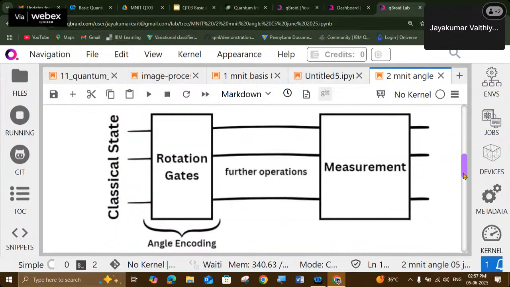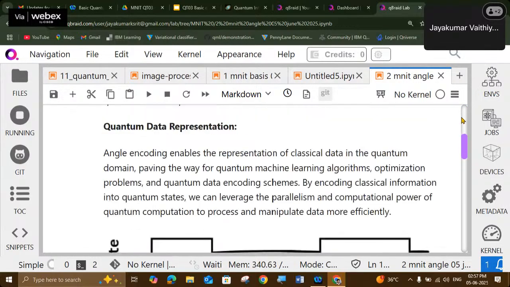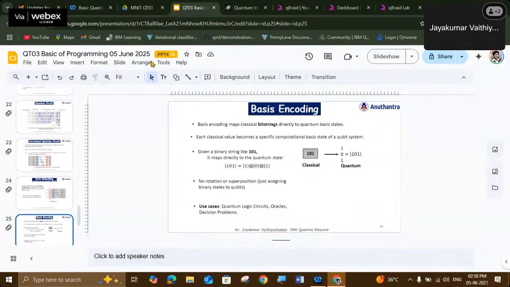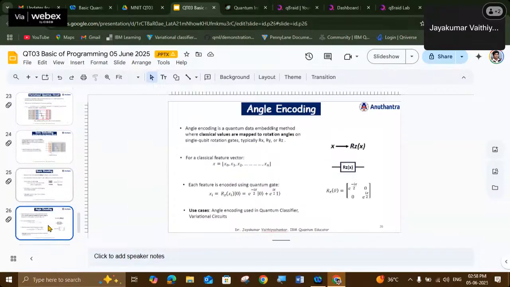My code is missing, sorry about that. I'll check my repository, then we can go to the next example. I'll share this basis encoding later.